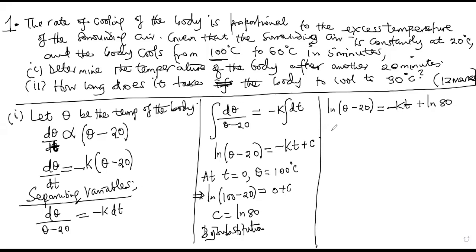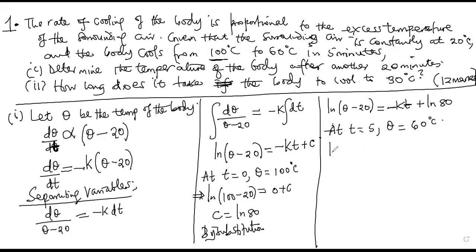So what do we do? We shall say that at time t equals 5 minutes, theta is equal to 60. It has already reduced to 60. You must make sure that you solve for the rest.